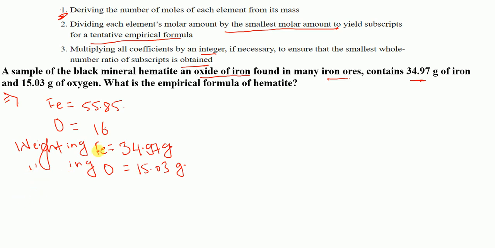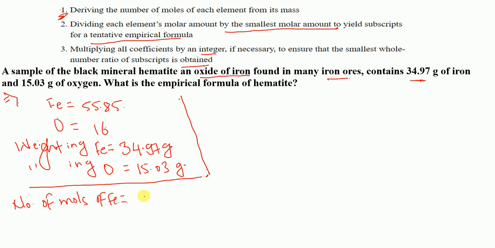Up to here, this is the information that has been given, or that is what we know. Now we have to determine the number of moles of iron. The number of moles will be weight in gram divided by the atomic weight or atomic mass.